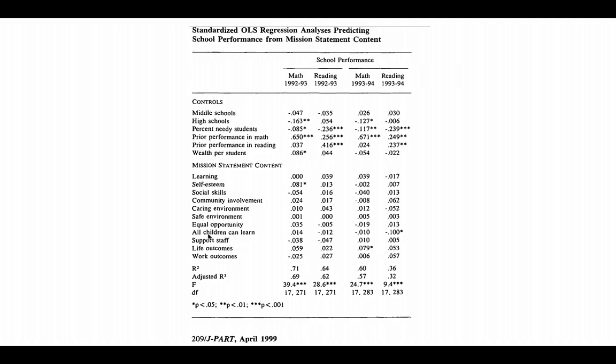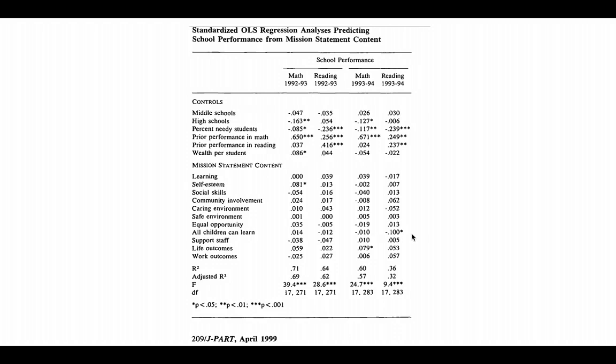So that means the independent variable is coded yes or no, right? Whether your mission statement contains "all children can learn." Now, this is a surprising finding, because if the 1 unit change means yes, our mission statement has "all children can learn," right? And this is a reading score, so it's 0.1, but it's a minus.